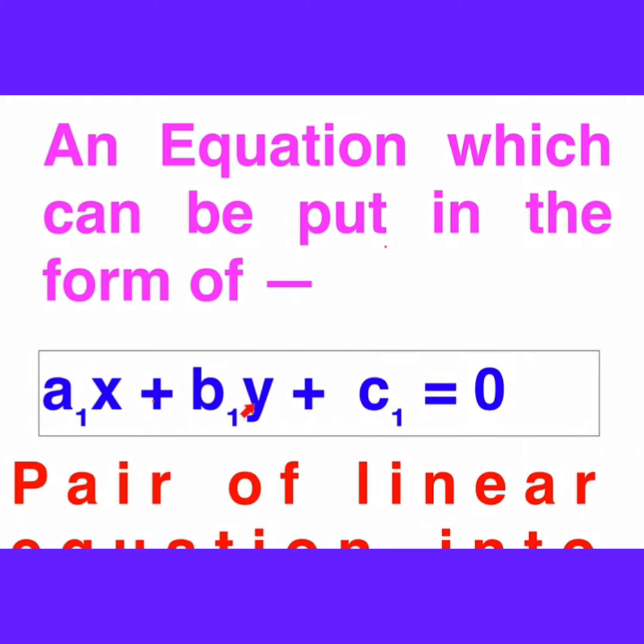But how can we say that this is linear? Because the degree of the variable is only 1, so this equation is known as a linear equation.